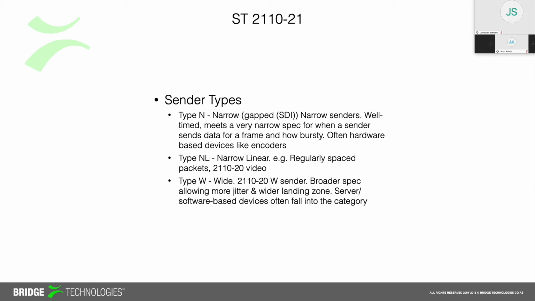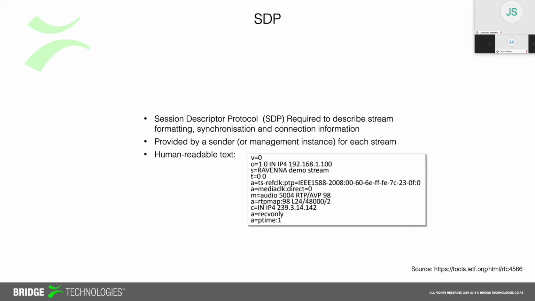So when you have a receiver at the other end, whether it's a receiver or anything in the network that receives these packets, they need to know the type of traffic. Session Descriptor protocol is a means of being able to automate to some extent the recognition of what some sender is actually transmitting.